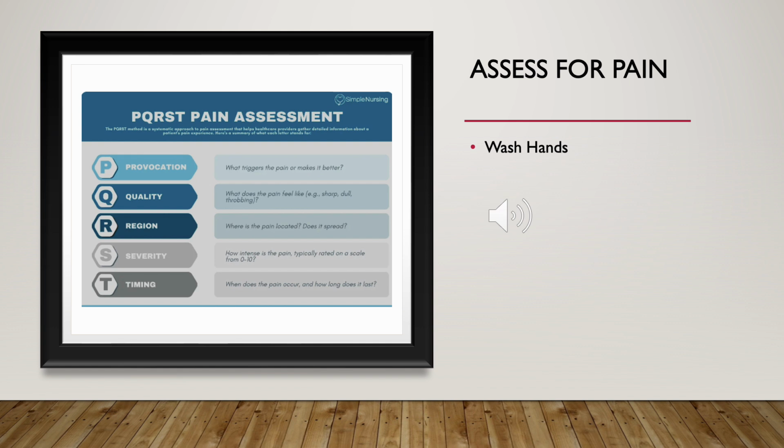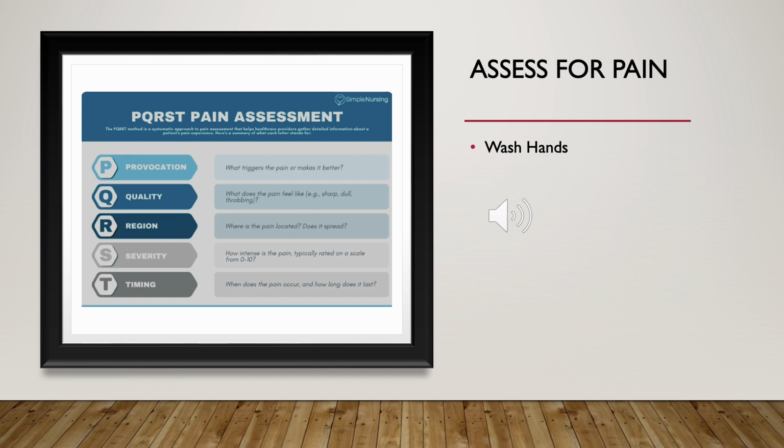Is it sharp, dull, burning, etc.? You want to ask the region, where is the pain located? Does it move anywhere? Does a change in position change the pain? Severity of pain on a scale of 0 to 10, with 10 being the worst pain. And then timing, when does the pain occur? How long does it last?